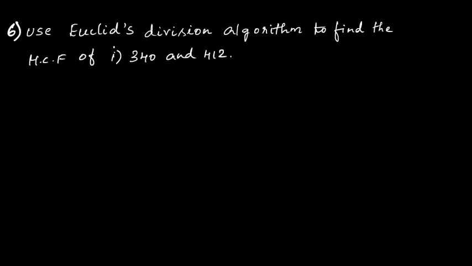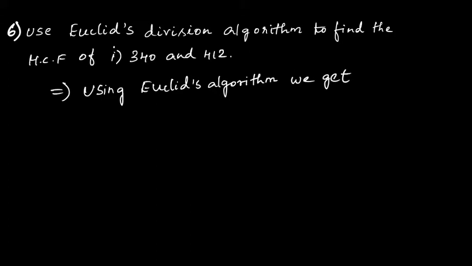Sixth question, use Euclid's division algorithm to find the highest common factor of 340 and 412. So first, using Euclid's division algorithm, we get, so write 340 and 412 in terms of the algorithm.